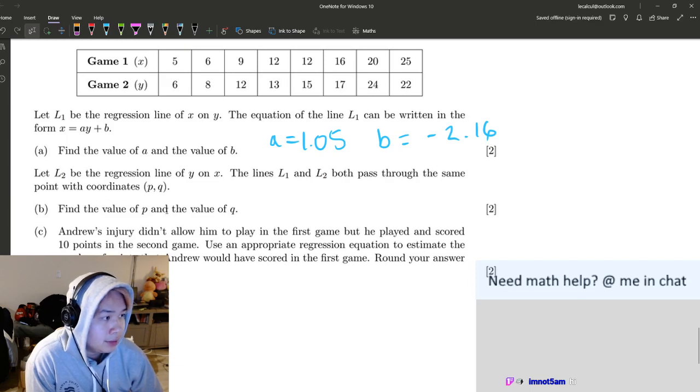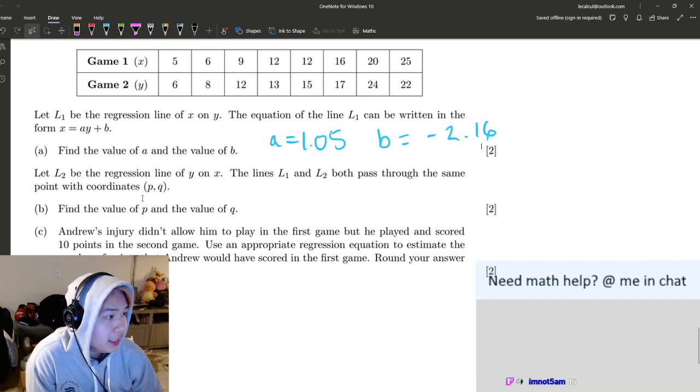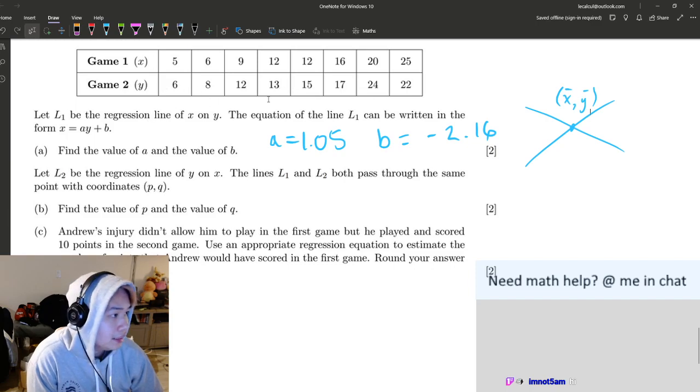Okay, and then we do a regression of y on x, so the other way around. And then the two lines will intersect, and they're going to intersect at PQ. And we mentioned this before, but essentially the regression of both lines have to go through the average of both lists.